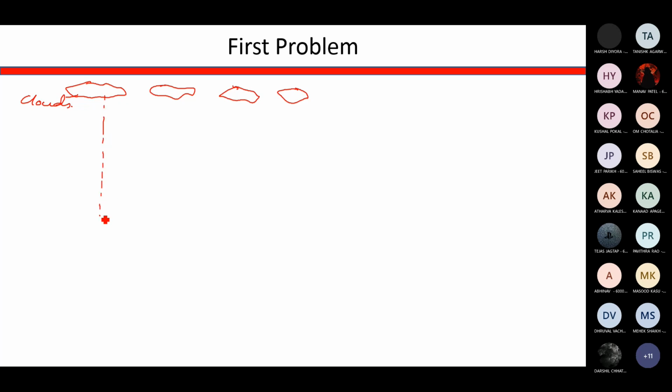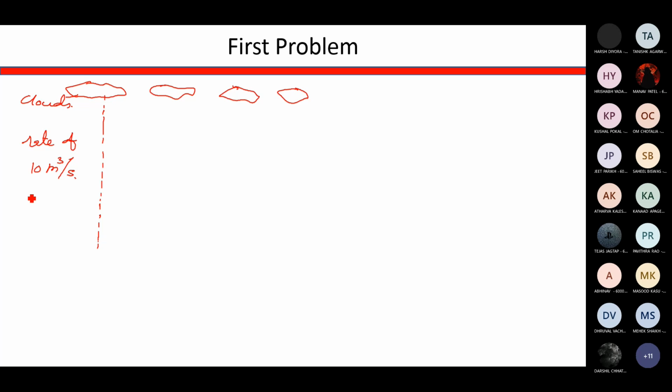You can note down, I am not writing the statement on the screen. Rain is falling from the clouds at the rate of 10 meter cube per second.